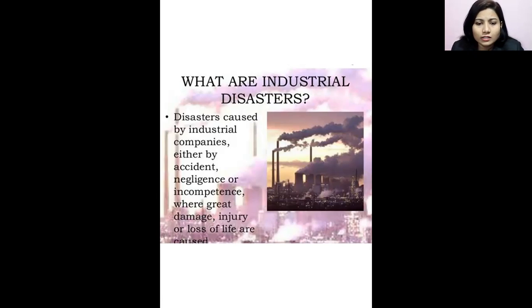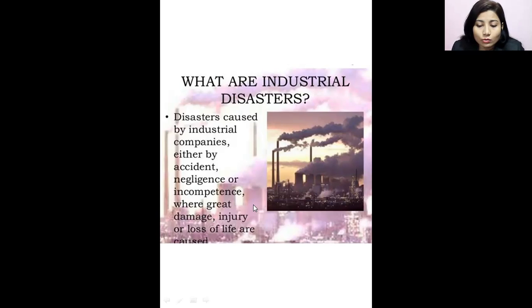As we have already learned about natural and human disasters, in the human disasters, we have one disaster that is related to industries. This disaster is caused by industrial companies, either by accident or by human negligence or incompetence, where great damage, injury, and or loss of life are caused.